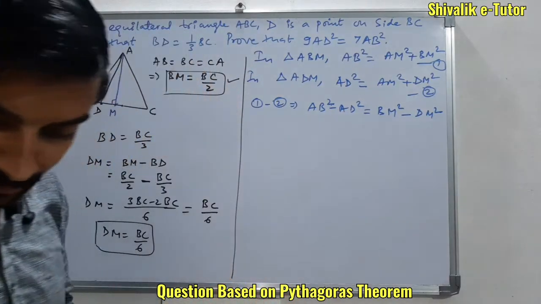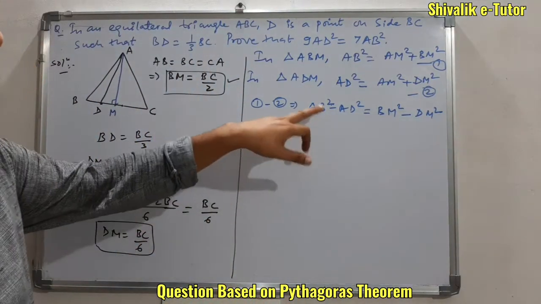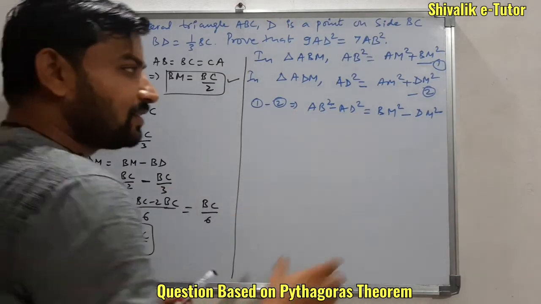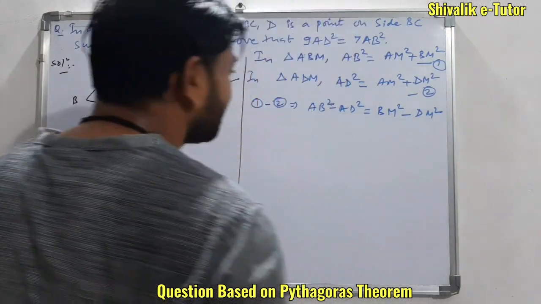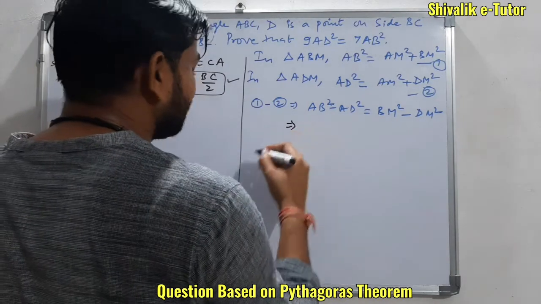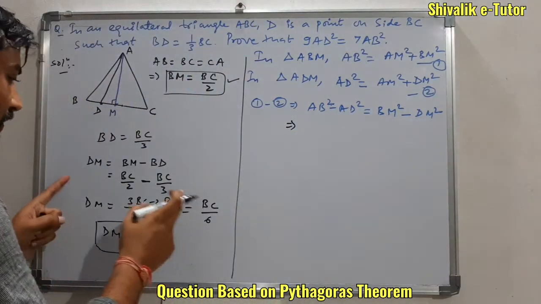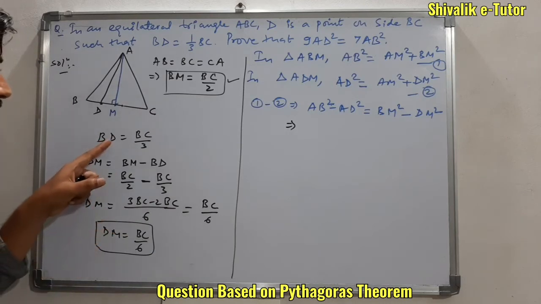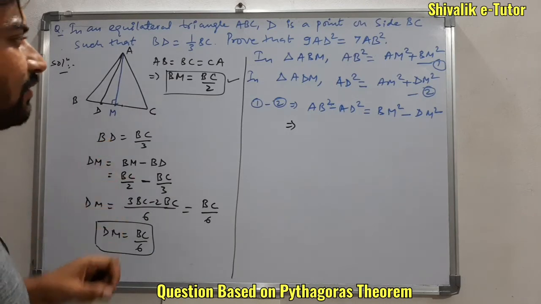इस रिजल्ट को देखें, जो हमको प्रूव करना है उसमें AB और AD दोनों हमको चाहिए. तो ये तो यूजफुल रिजल्ट है. RHS को हमको एलिमिनेट करना है. तो इसके एलिमिनेशन के लिए हमारे पास दोनों ही वैल्यू हमने कैलकुलेट करके रखी है, DM एंड BM. Both are available with us.